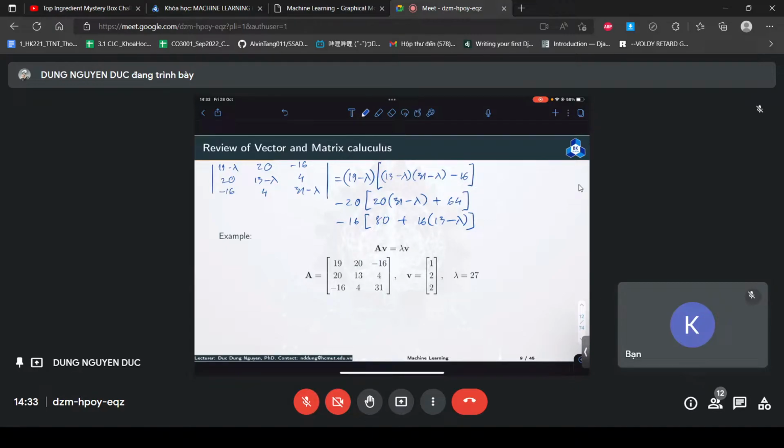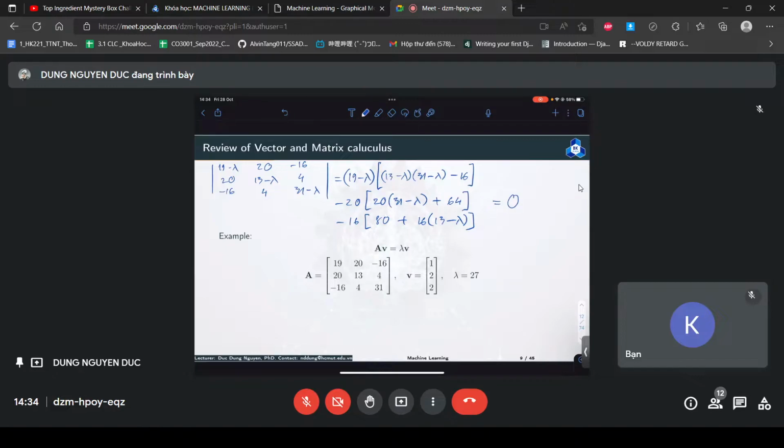But anyway, in this case, suppose that I know lambda 27 is a root, then I can somehow reduce this equation from the degree 3 back to degree of 2, and then you can solve the two other roots.